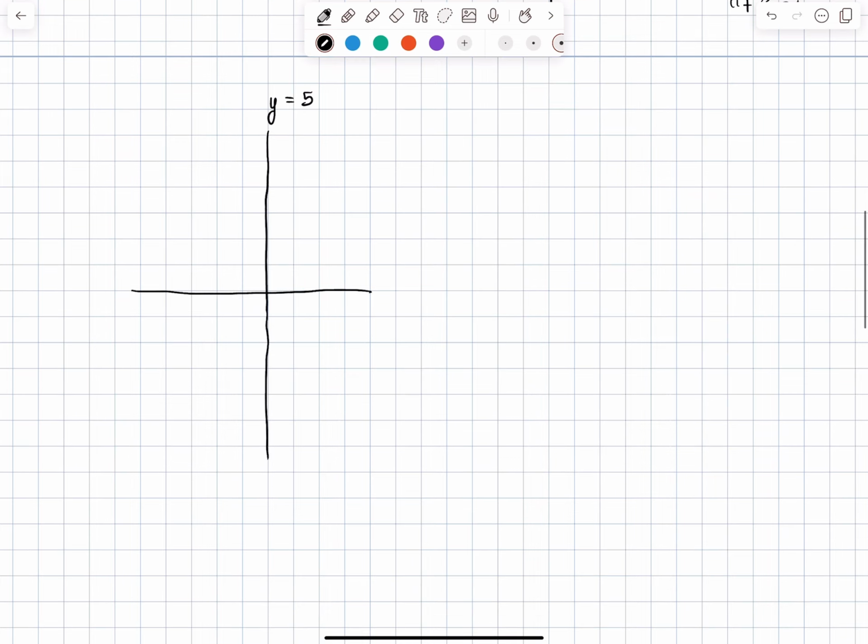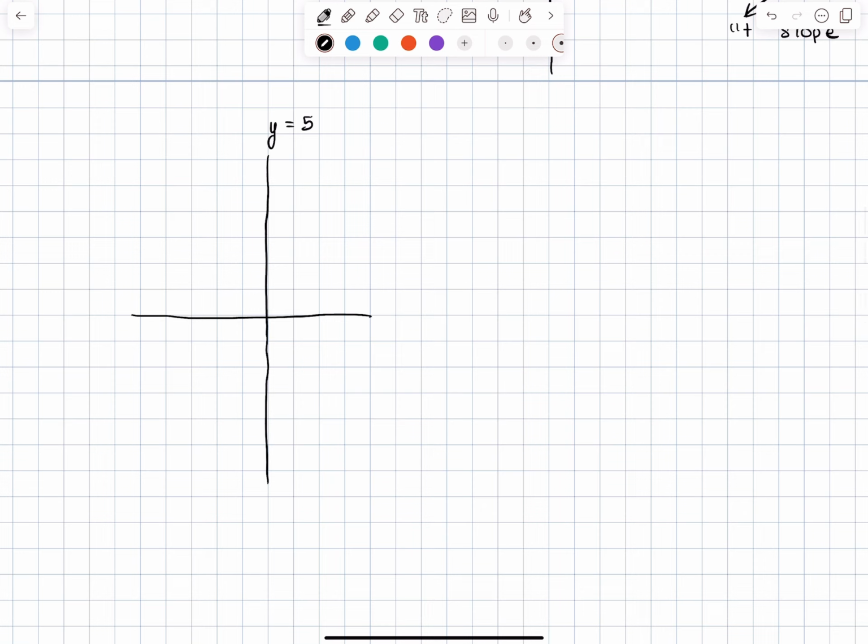So y is equal to 5, and we're saying that y is always 5. So regardless of the x value, your y value is always going to be 5, no matter where it is. Over here, over here, everywhere.